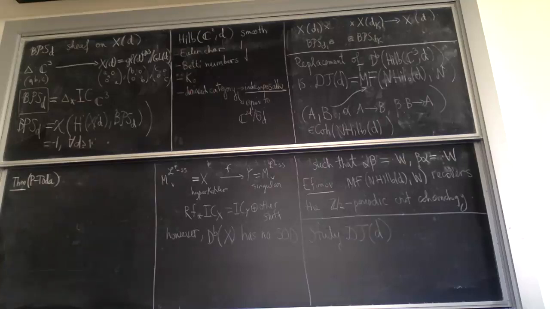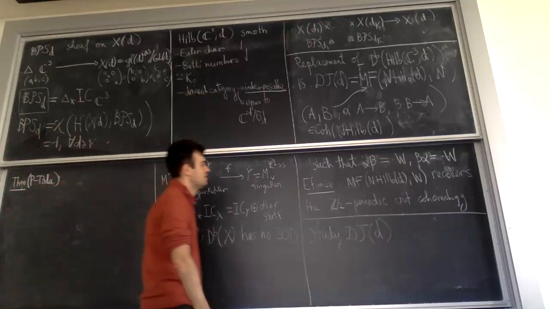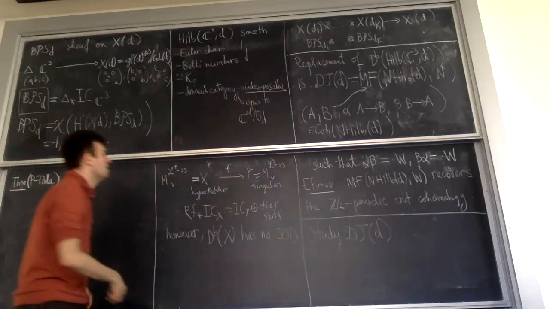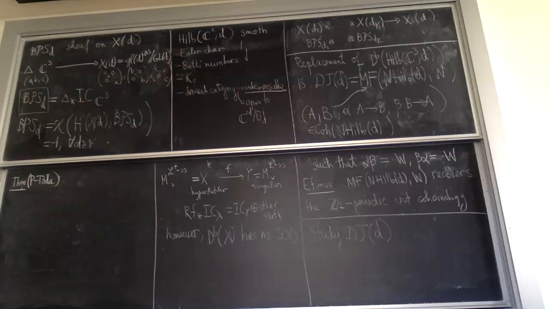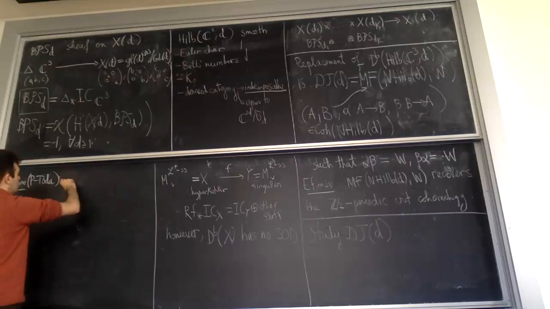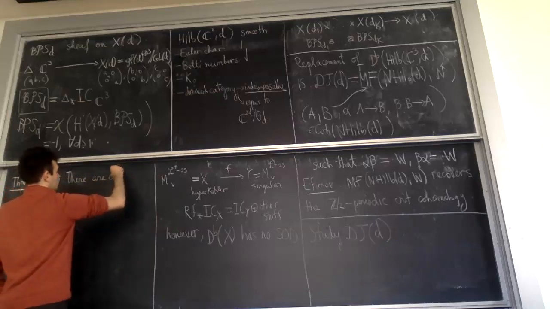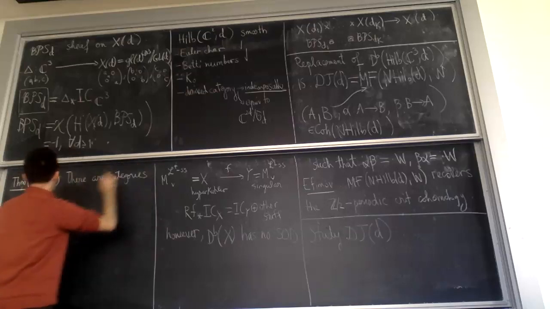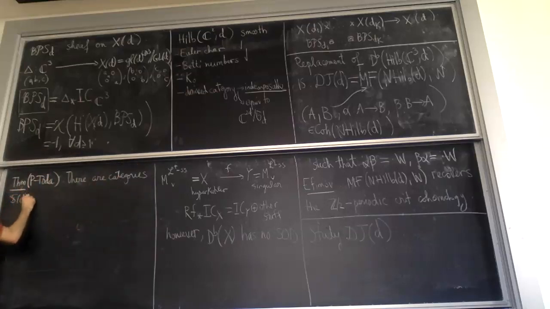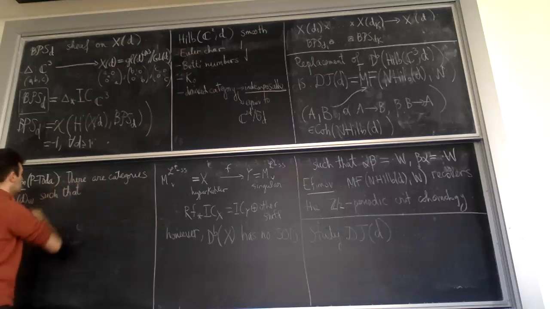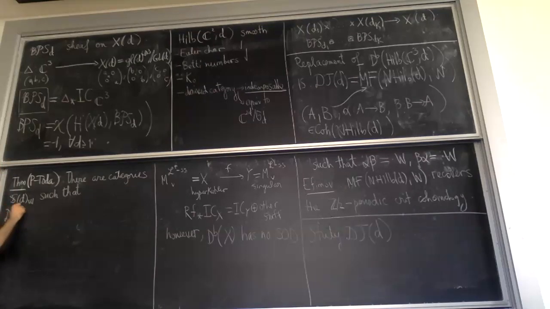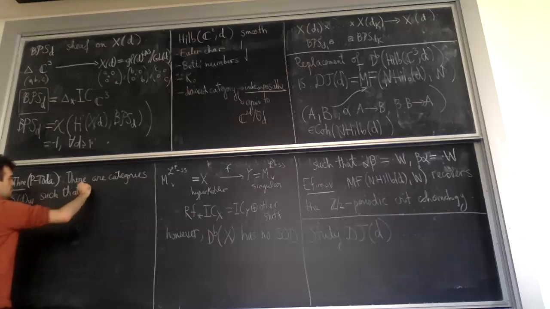So now I'll mention this sort of answer, or at least partial answer, to the first question. I will introduce some notation that I'll explain. There are categories S_{d,w}, and I'll explain where they live, such that this DT category has a semi-orthogonal decomposition.